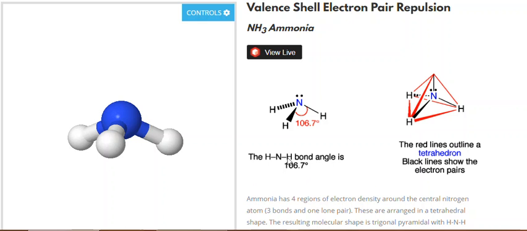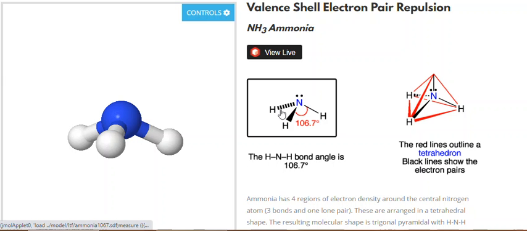Ammonia has 4 regions of electron density, like methane, around the central nitrogen atom: 3 bonds and 1 lone pair. There are 3 bonded hydrogen atoms with the central nitrogen and 1 lone pair, while in methane there are 4 bonded hydrogen atoms with the central carbon and no lone pair.